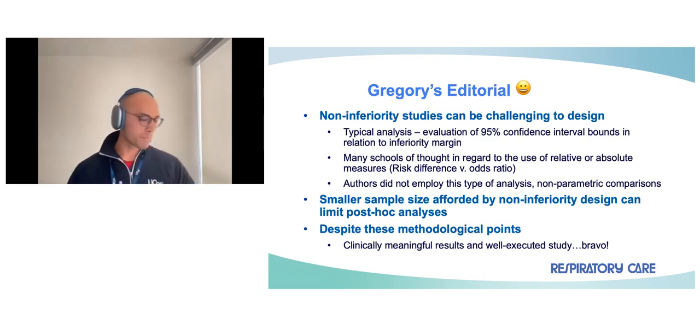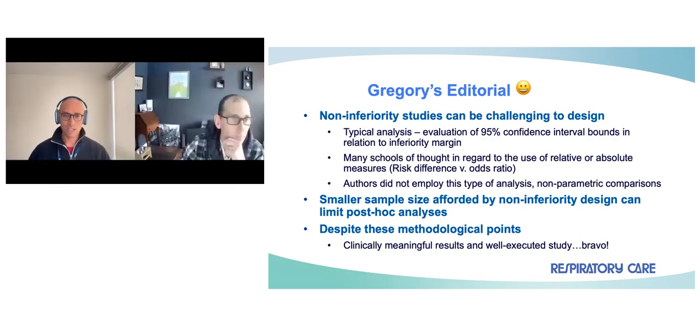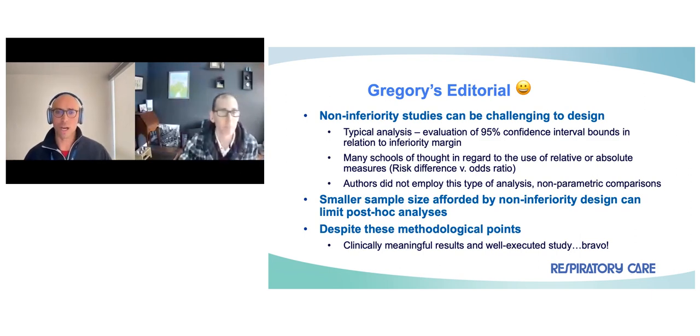But despite these points I make, the results are clinically meaningful. I'm excited to go over here and recommend the use of high flow with vibrating mesh nebs for our stable COPD patients. It was a well-executed study, and my hat's off to the authors for conducting it, completing it, and publishing it.